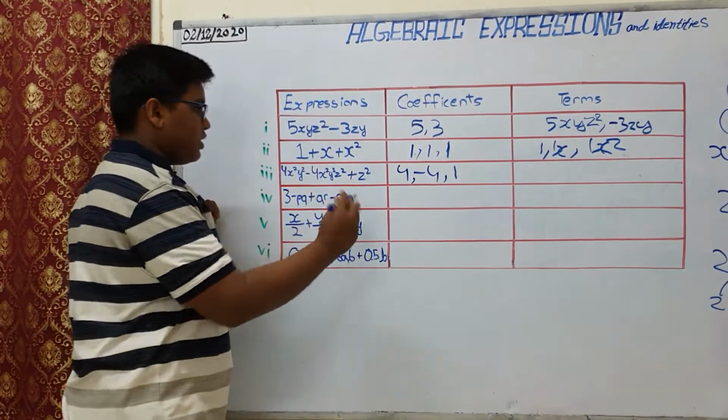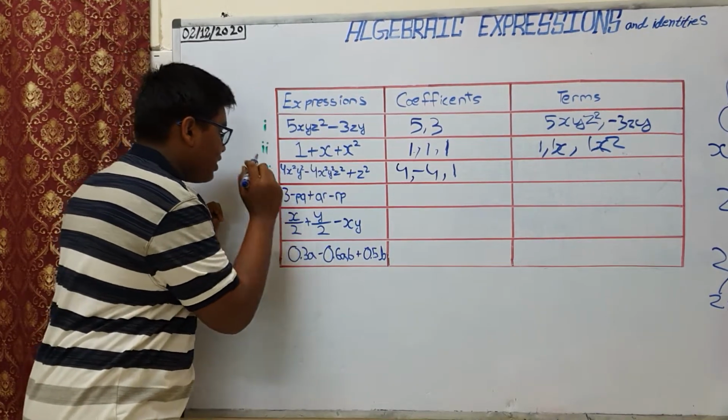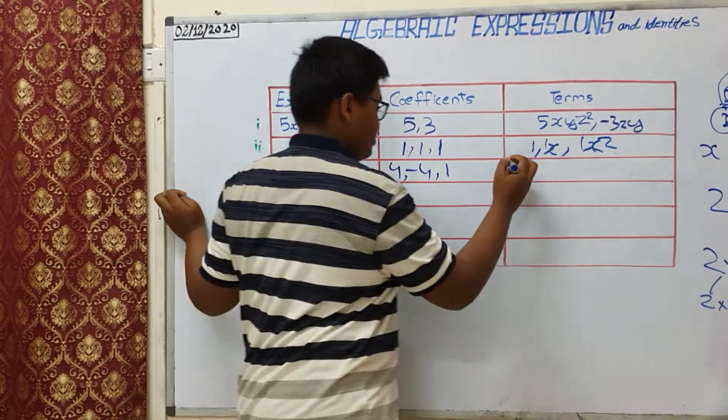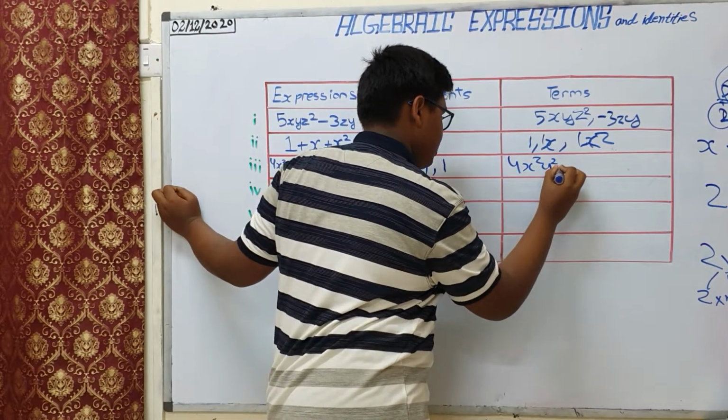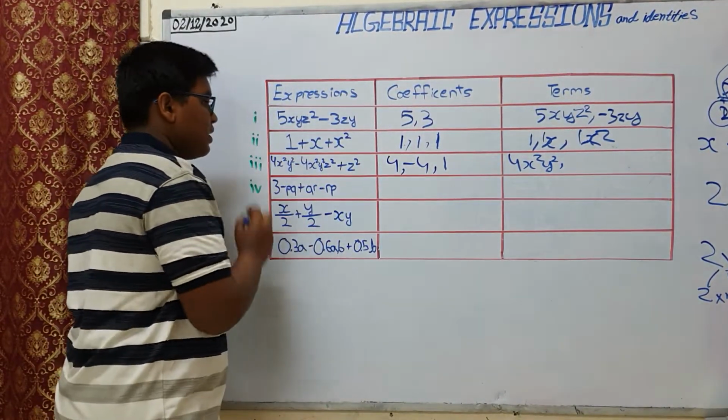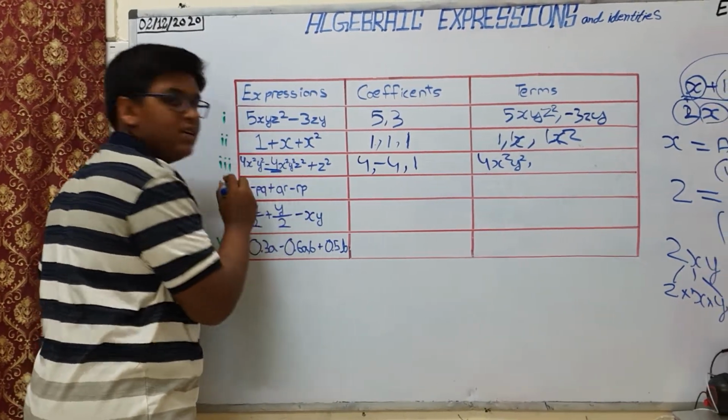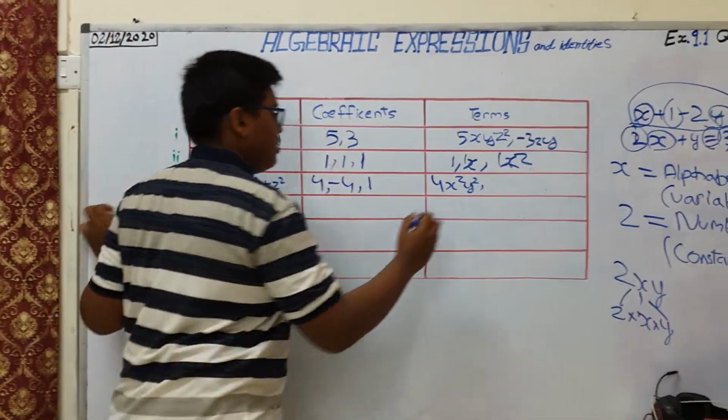So now what are the terms here? Terms are 4x square y square. I'm going to write here 4x square y square. Then I'm putting a comma. Then here this negative sign, this 4 will come with the negative sign.